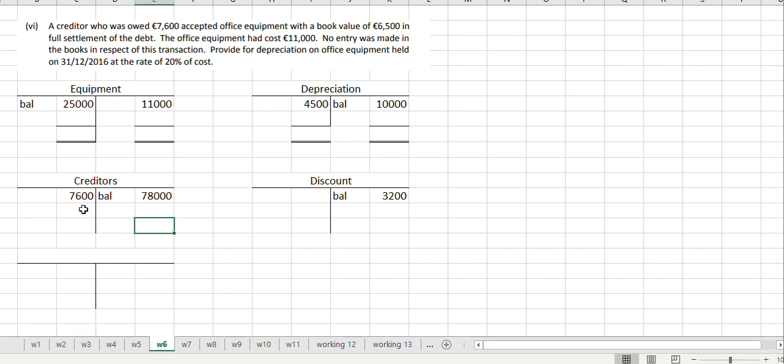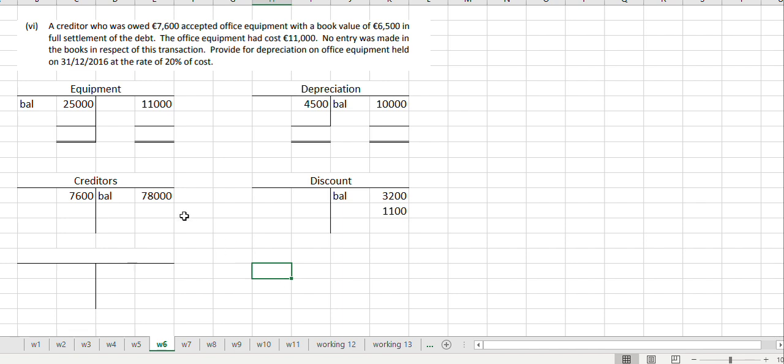We owed the creditor 7,600, but they accepted 6,500, so they have given us a discount of 1,100, the difference between 7.6 and 6.5. So that is what's happened.